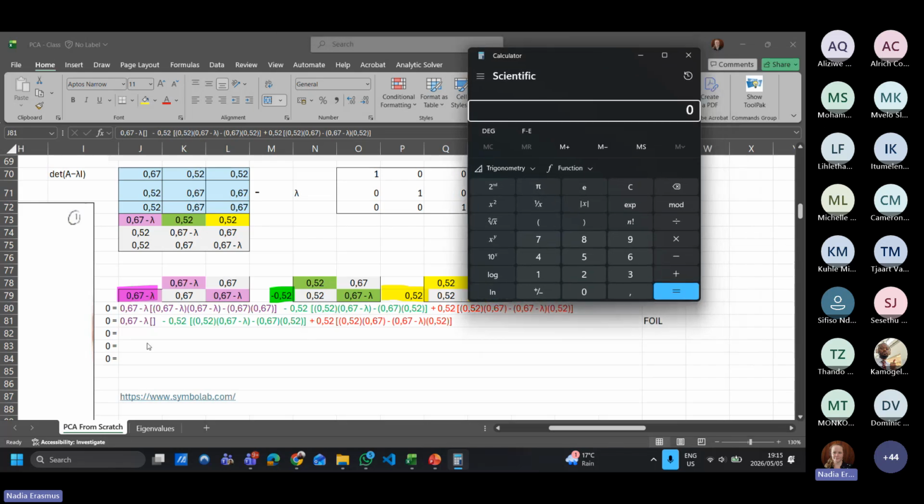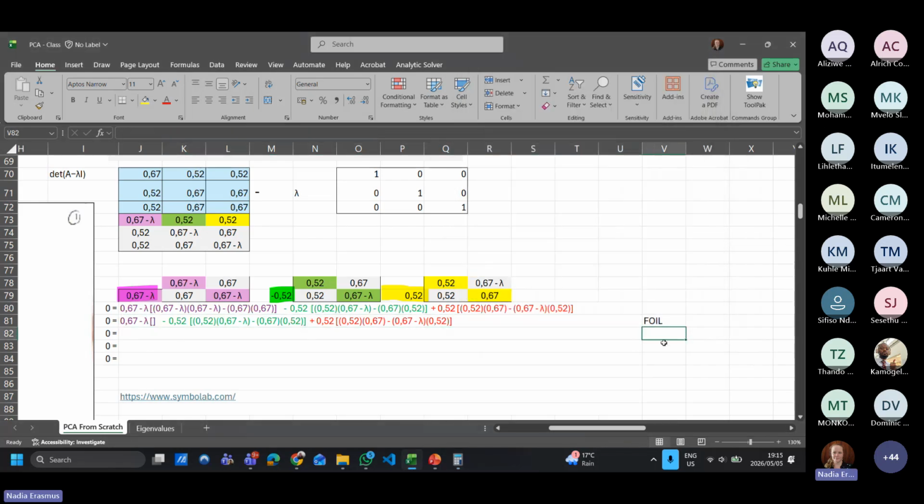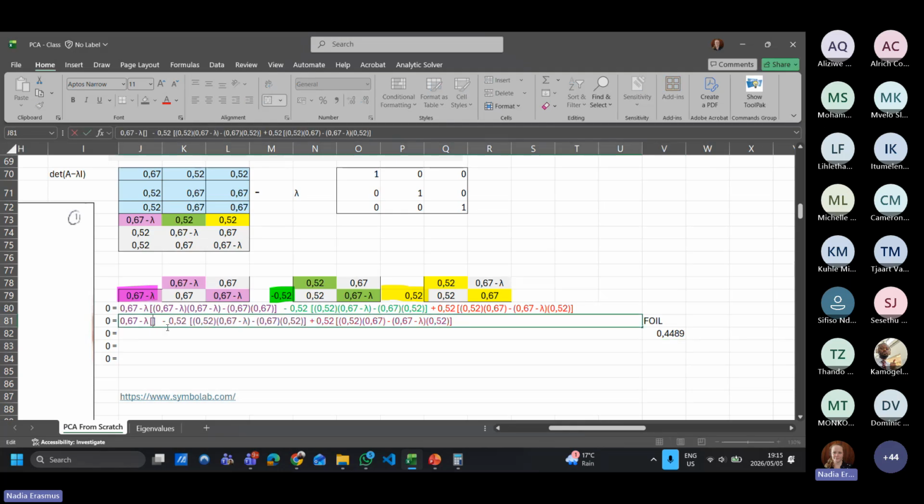You can probably calculate here at the side as well, so 0.67 multiplied by 0.67 is 0.448. Oh, no. Okay, so let's go and rewrite it. So we are rewriting the section.